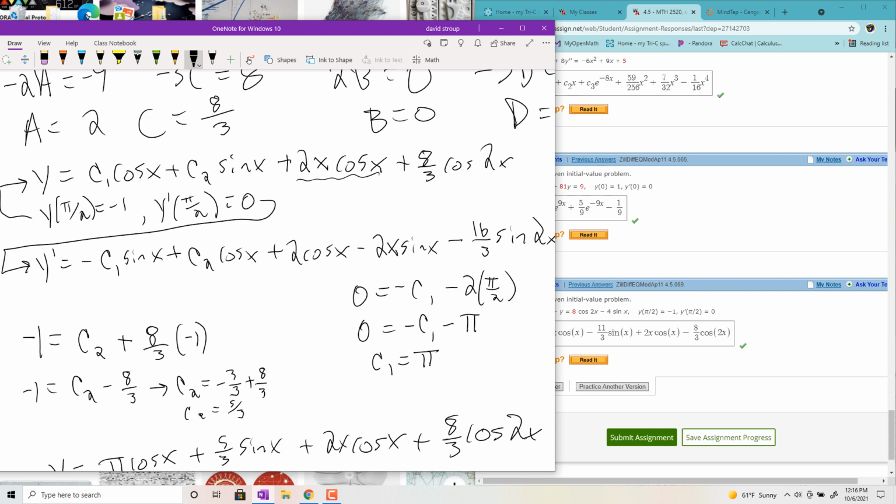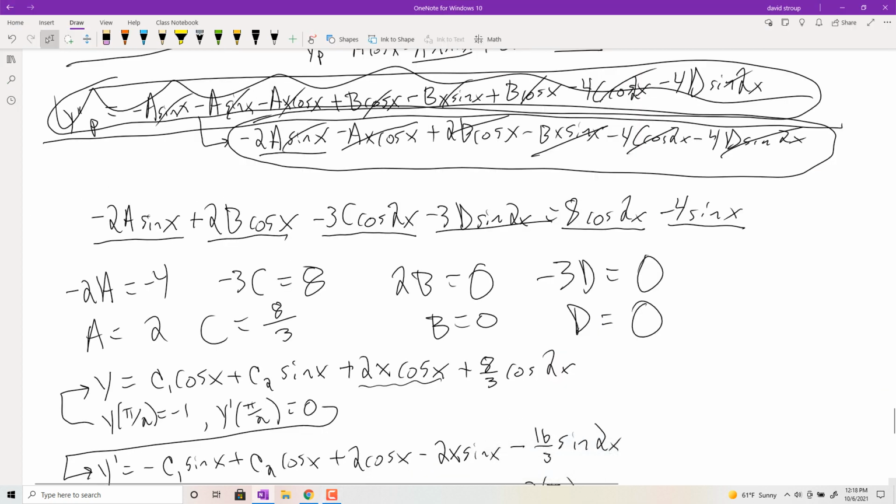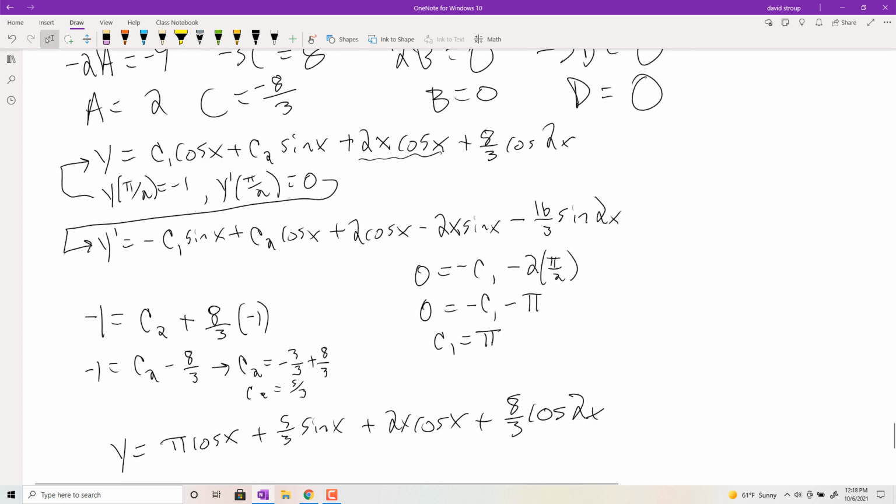There it is, -1. All right, hold on. I see it. It's way back here, -8/3. So this would be -8/3 here, and then this would end up being positive. Sorry about that.